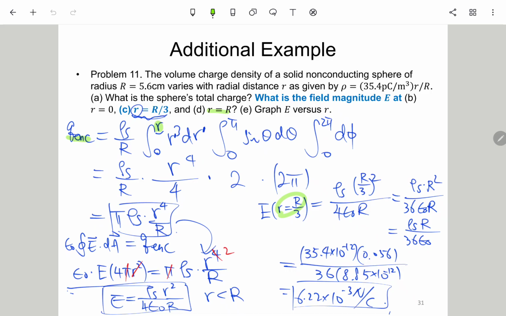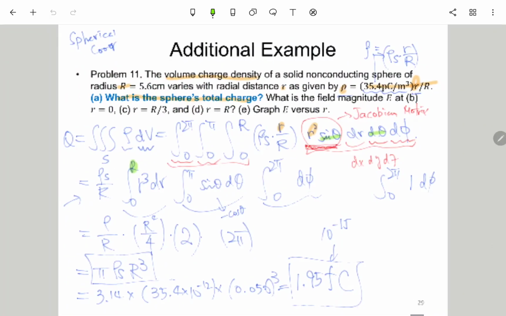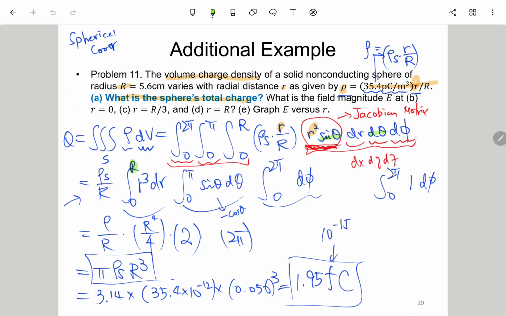So you calculate the Q enclosed with only a radius of capital R over 3. Even though this is non-uniform, this triple integral is not that difficult. You can still separate it one by one.